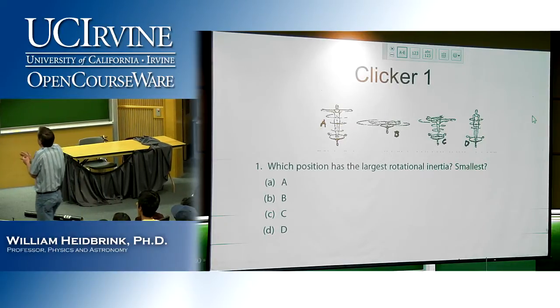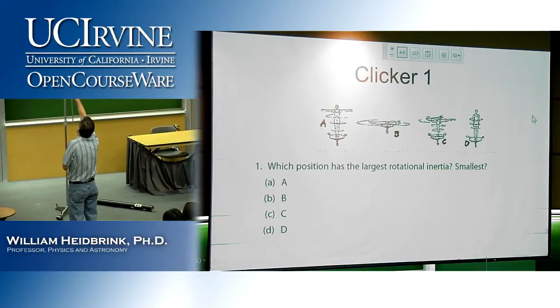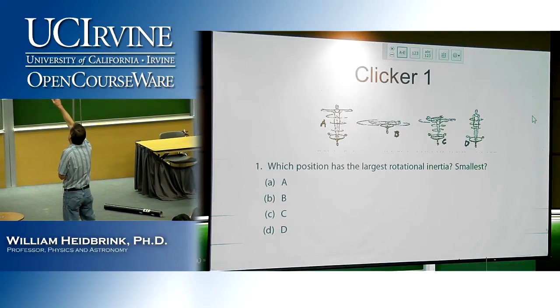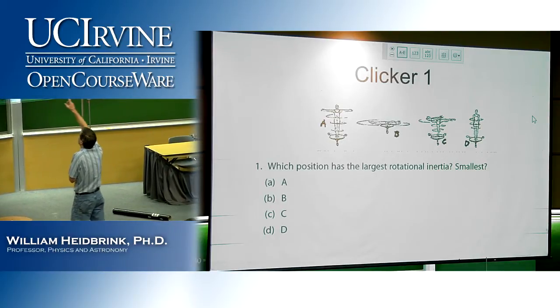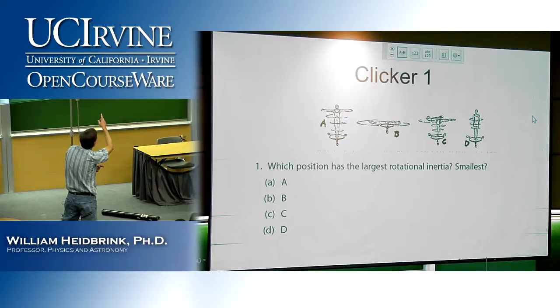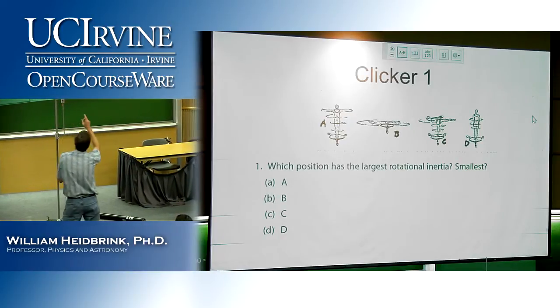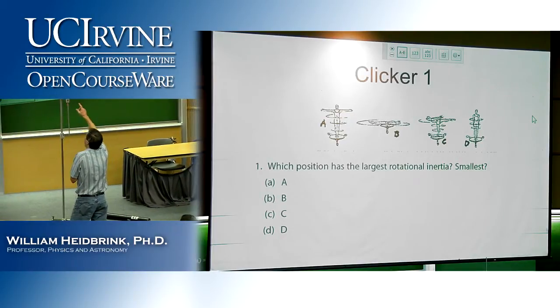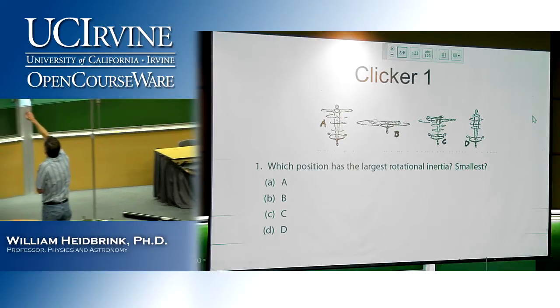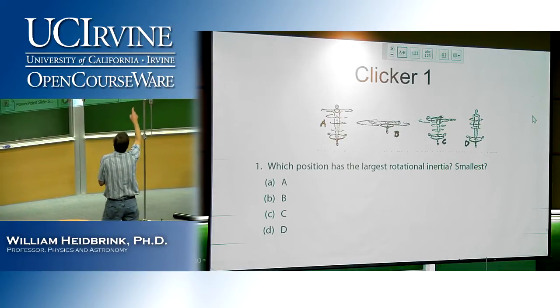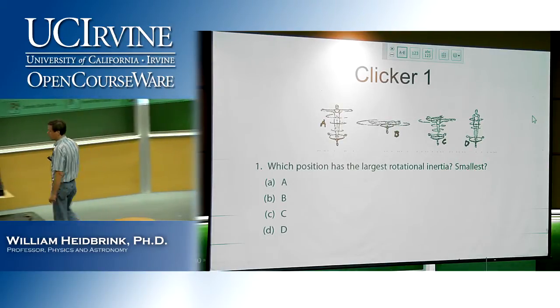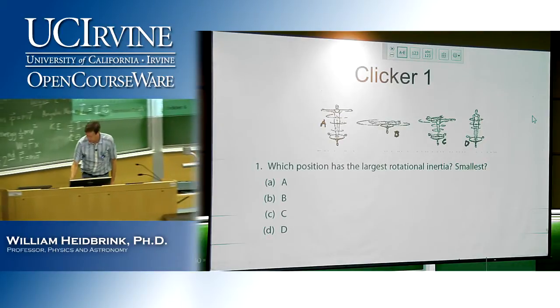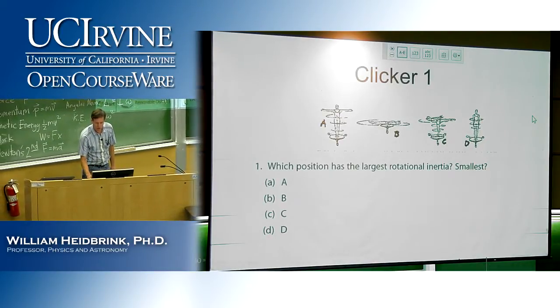And the other ones are intermediate. Actually, from largest to smallest: B is largest. C is next, because there's more mass in a leg than there is in an arm. A is next, because the arms are still farther away. And D is the smallest, like that. Okay, so that's the idea behind rotational inertia.